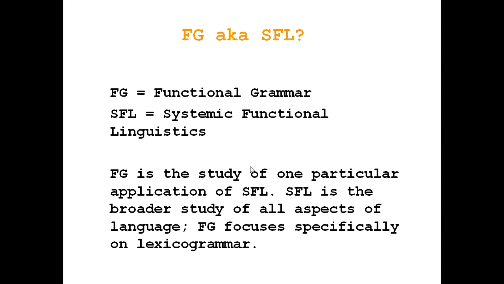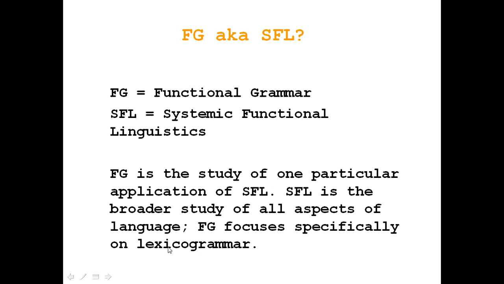Systemic functional linguistics is the broader study of all the aspects of language. Functional grammar focuses specifically on lexicogrammar. You see here that the word lexicogrammar conflates two important concepts: the lexis, that's the words, the vocabulary, and the grammar. You see, it's only one word.